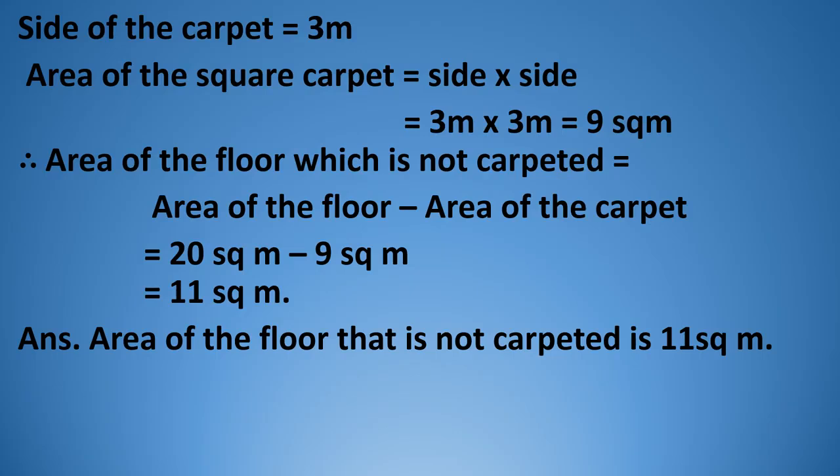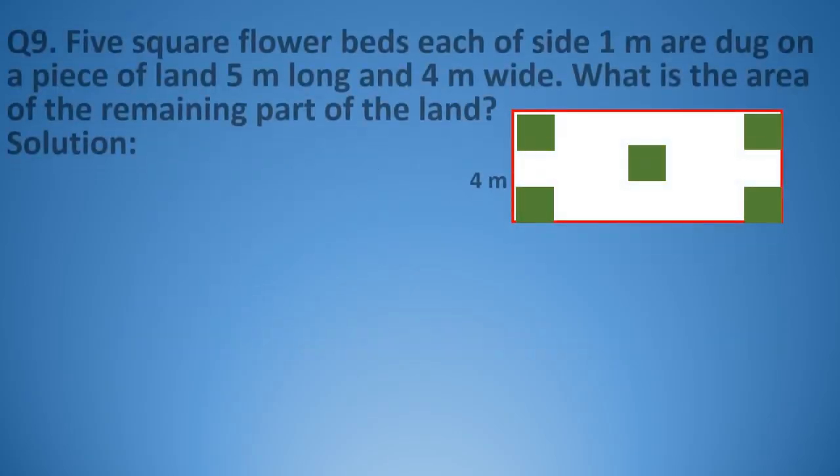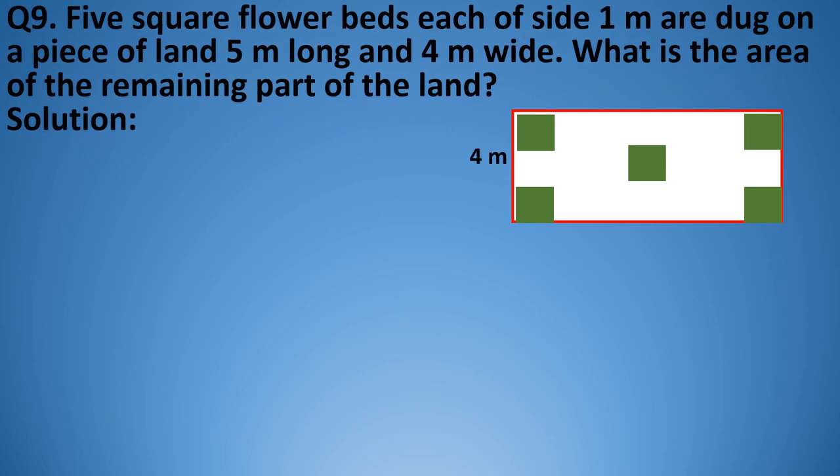See question number 9 now. 5 square flower beds, each side 1 meter, are dug on a piece of land 5 meter long and 4 meter wide. What is the area of the remaining part of the land?